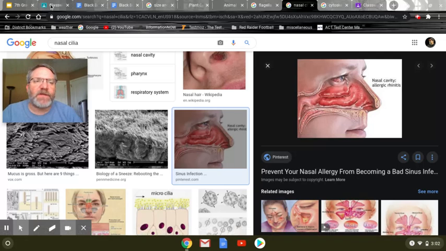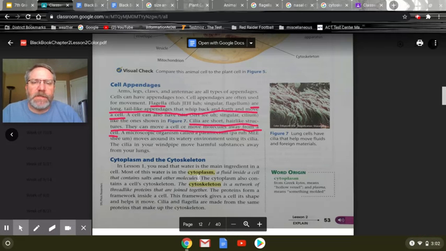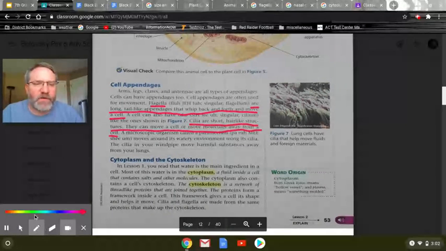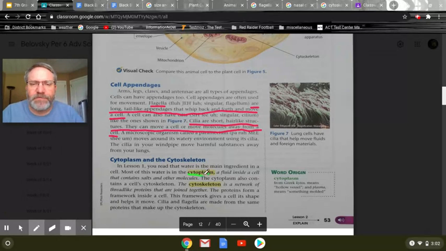All right. Another thing that we talked about is cytoplasm. So let's go back to the textbook. Cytoplasm is a fluid inside a cell that contains salts and other molecules. Hit pause and type that in. So what is cytoplasm?